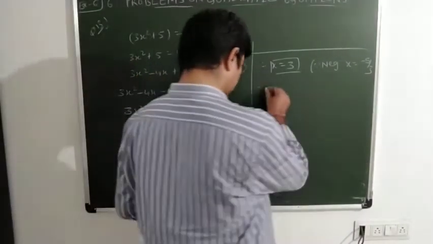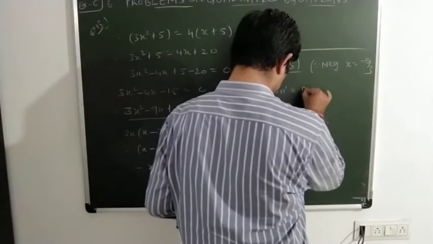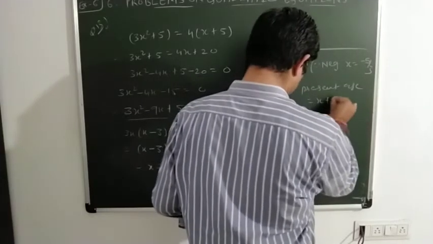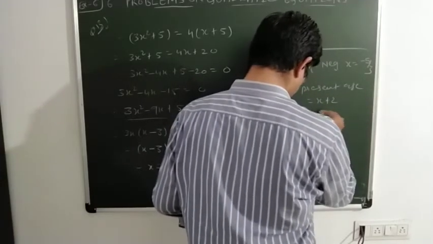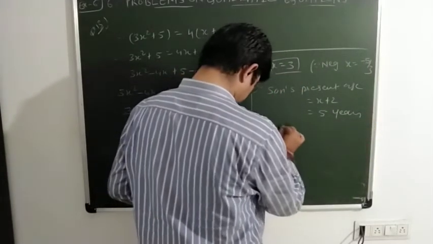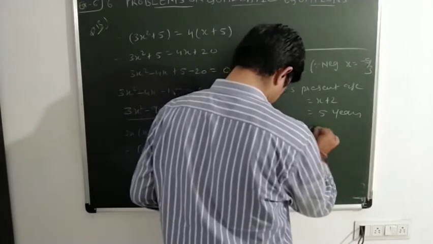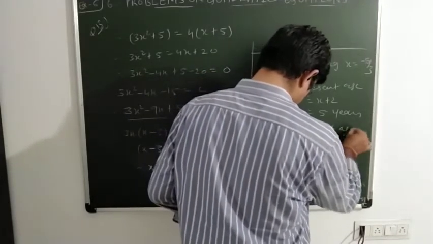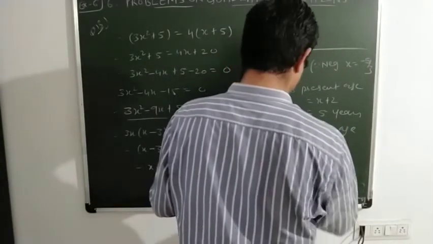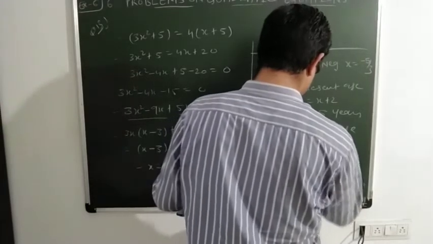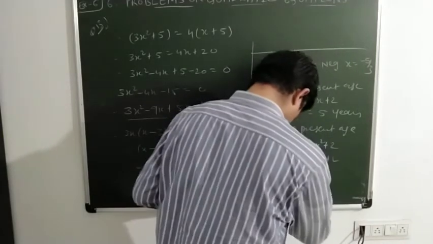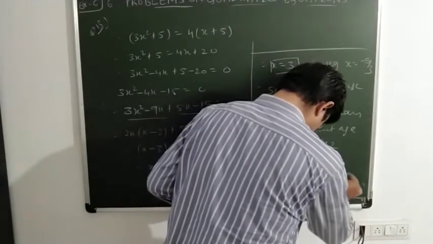Therefore the son's present age is x plus 2, which is 3 plus 2, equal to 5 years, and the father's present age is 3x square plus 2, which is 3 into 9 plus 2, 29 years.